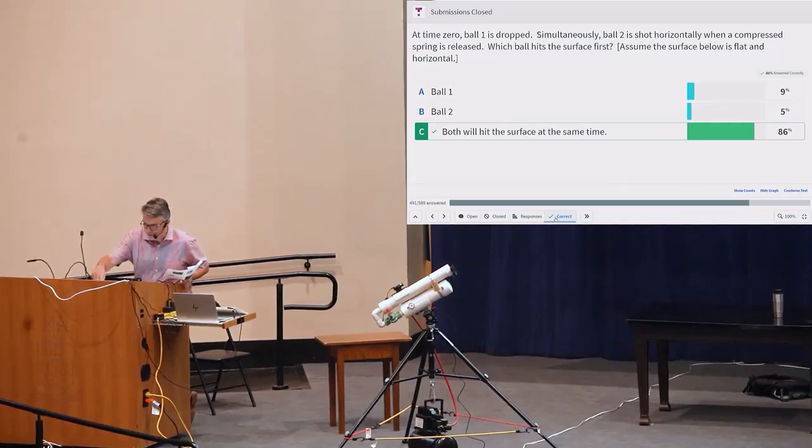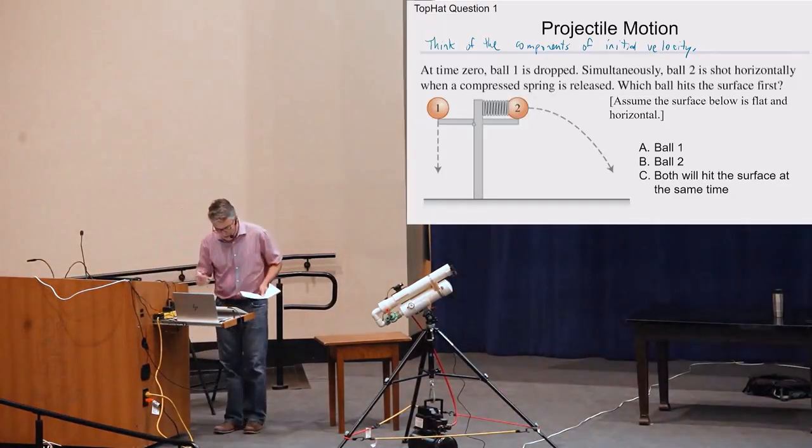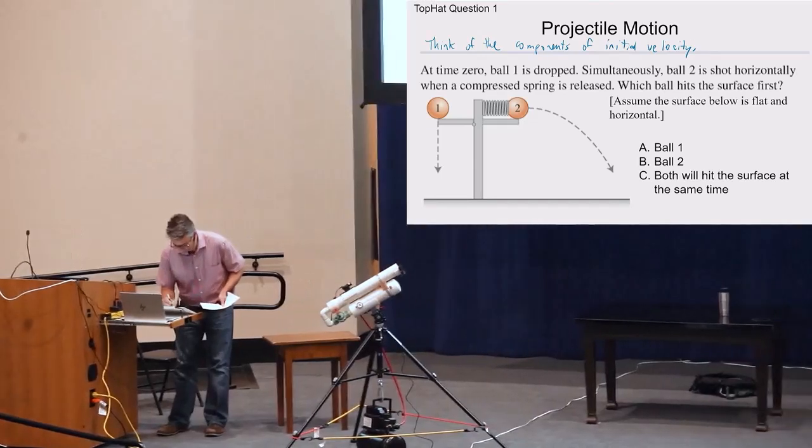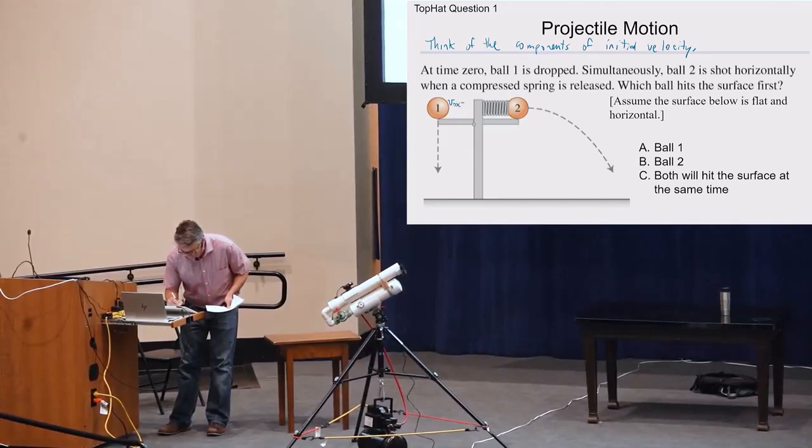So it's kind of amazing to think of this. But I think of it in terms of the components of the initial velocity. So here, v0x, the component of the x velocity, is 0, and v0y is 0. Here, v0x is some large number.